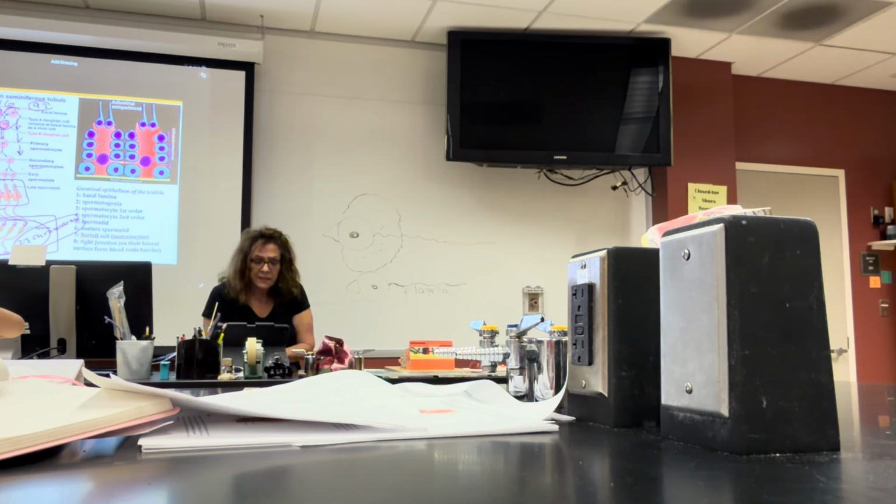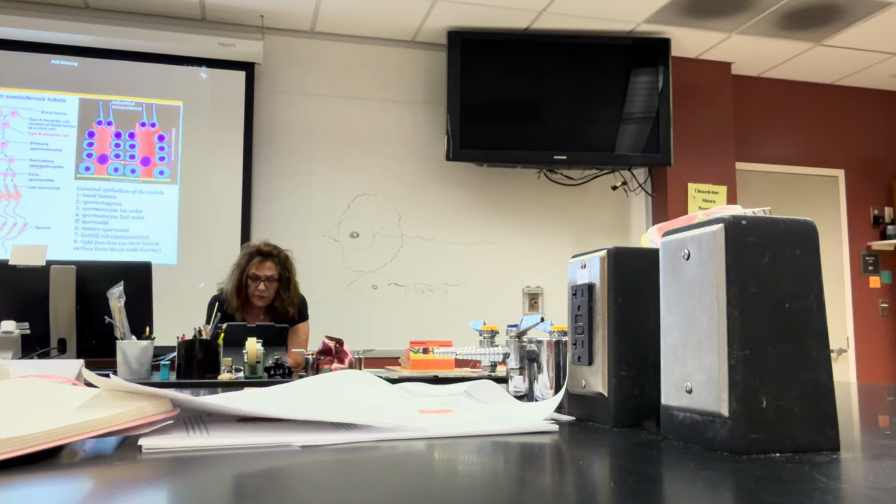Okay, guys, one thing here I want to say very briefly, and I don't include the detail. So spermatogenic cells are basically diploid. I don't know if you know diploid. Diploid in humans is 46 chromosomes or 23 pairs.